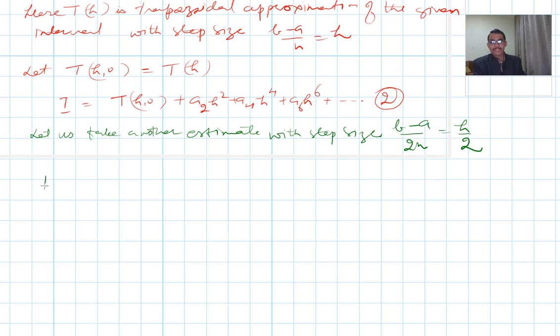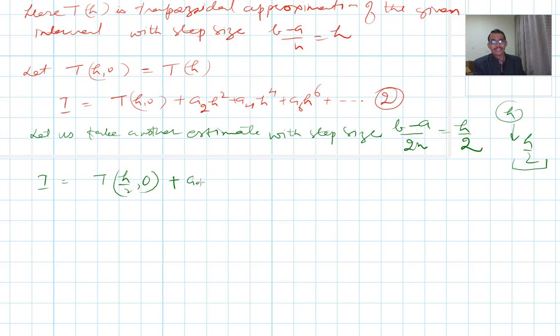So therefore the integral I will become T_{h/2}. Here we have approximated the integral with a smaller step size, meaning earlier it is h, now we are using h by 2. So with this smaller step size, I am moving towards more accuracy.